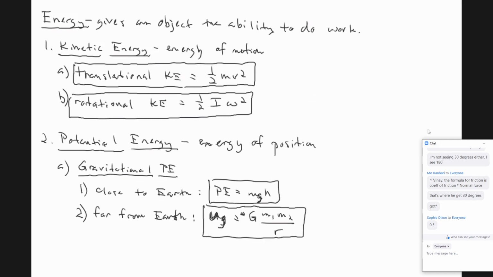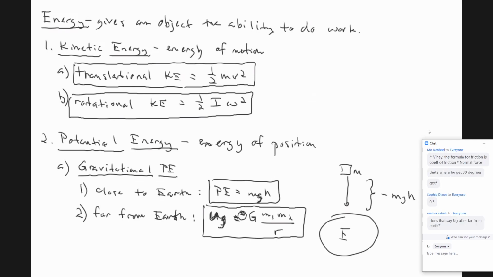So if you think of an object with some mass that's dropping to the ground, and you think about this as the Earth, these two objects are coming closer together. So when that happens, this is considered negative mgh, right? Same thing as this is considered negative for those two masses to come together when we're talking about planetary objects.